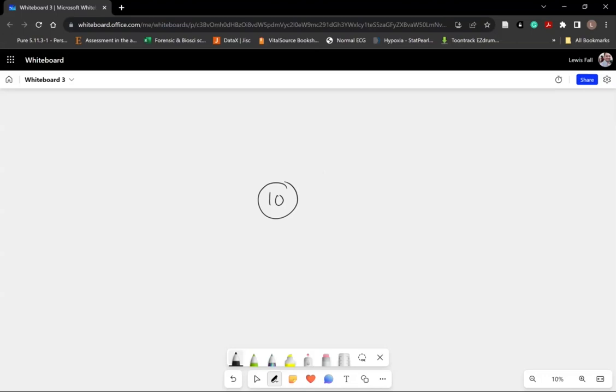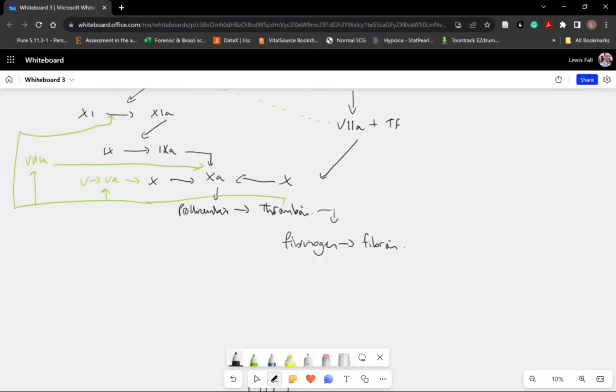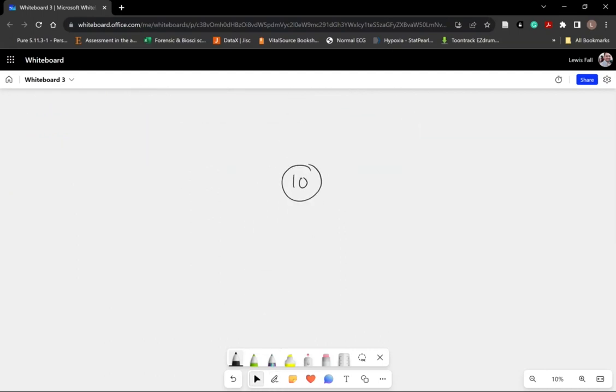Now all we got to do in order to understand coagulation is to count from 12 down to 1. So prothrombin or thrombin, this is factor 2. So that explains why I didn't want to say that earlier. This is factor 1. So we need to be able to count from 12 down to 1.